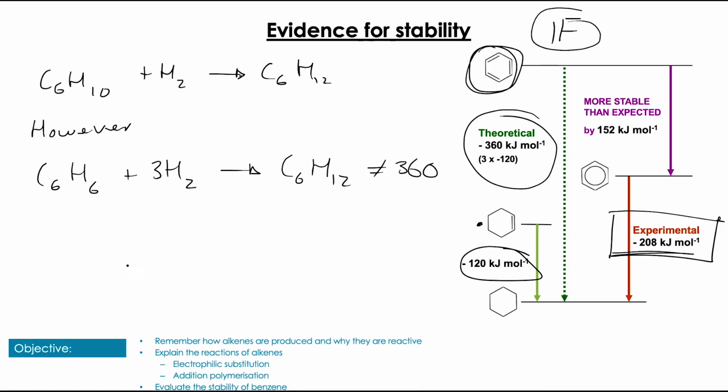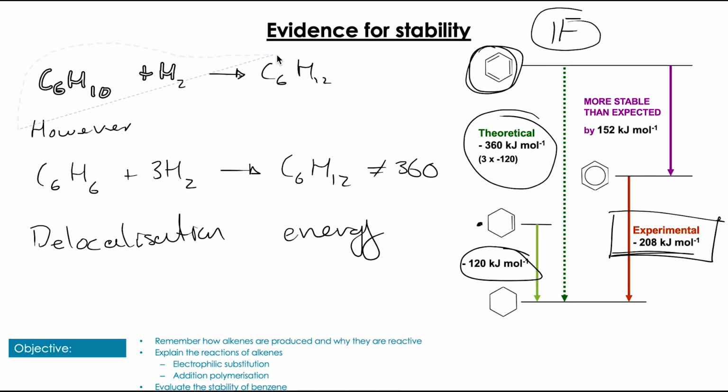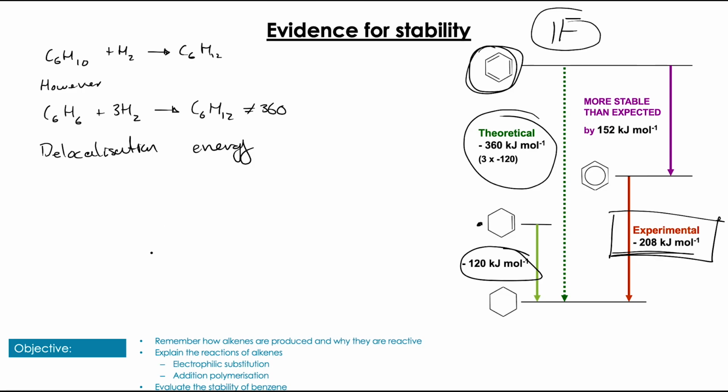And if we think about what we've just done on double bonds and the nature of double bonds, that makes sense, especially when we consider the idea of delocalization. Let's think about all of these sp2 hybridized carbon atoms in benzene for a moment. If we draw in the p orbitals above and below the plane, because we have sp2 hybridization, then we have a lobe above and a lobe below.